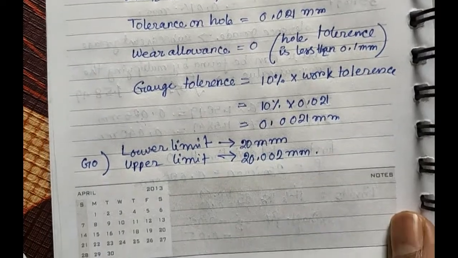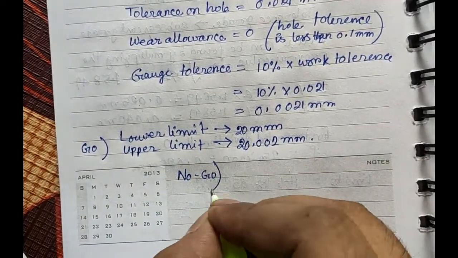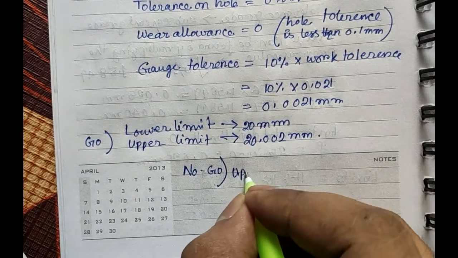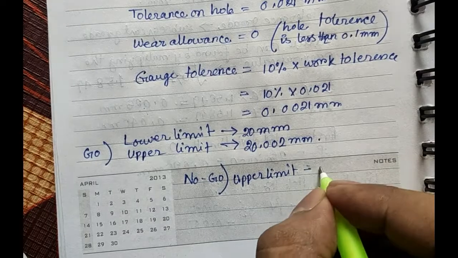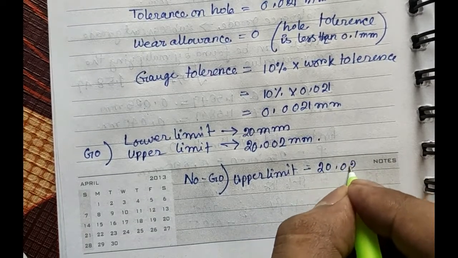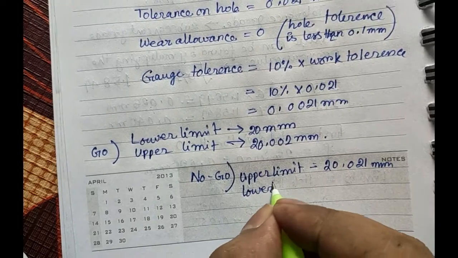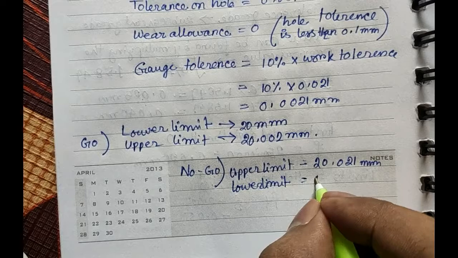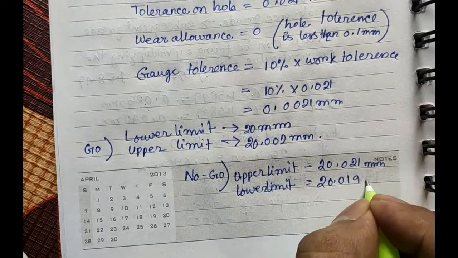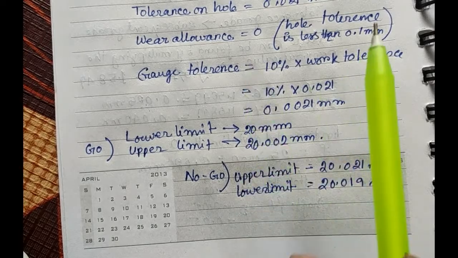Okay, and for the no go gauge, the upper limit will be 20.021 mm and the lower limit will be 20.019 mm. So this is the final answer of this problem.